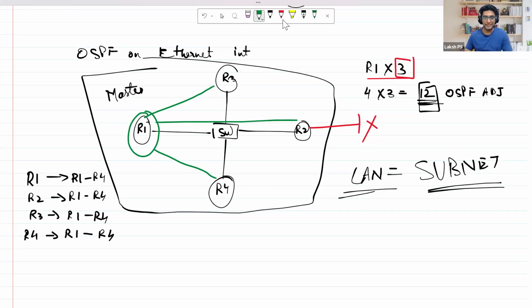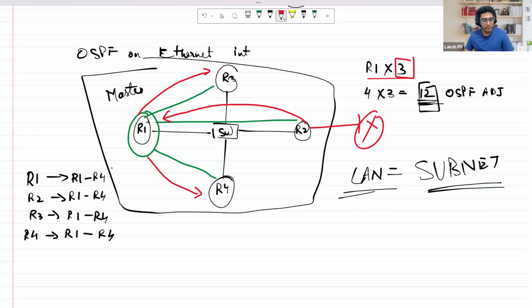R2 is going to share this update only with the master. Then the master will forward this update to R3 and R4. Thereby, the new update of X network is in the database of all the routers.